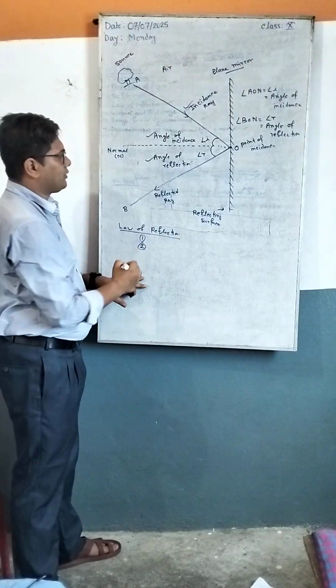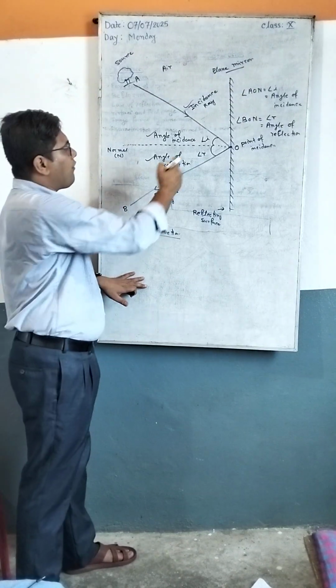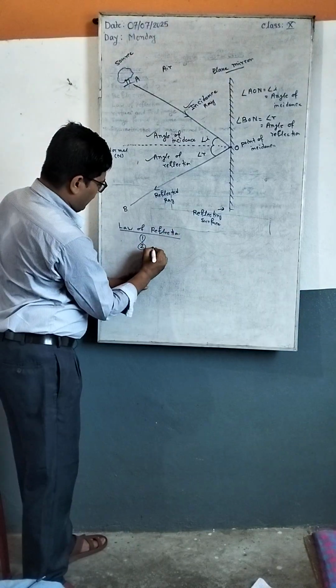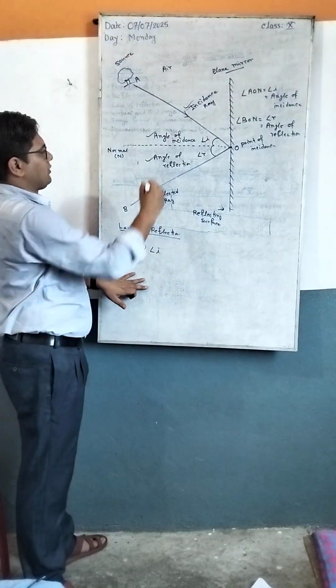Second, I told that the angle of reflection equals the angle of incidence, which is represented by a small i.